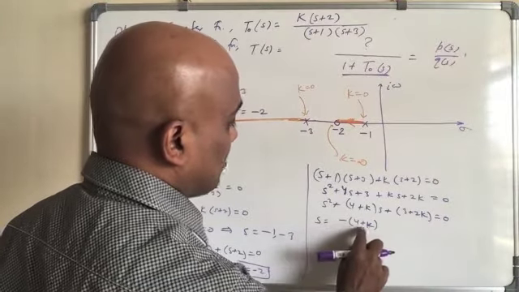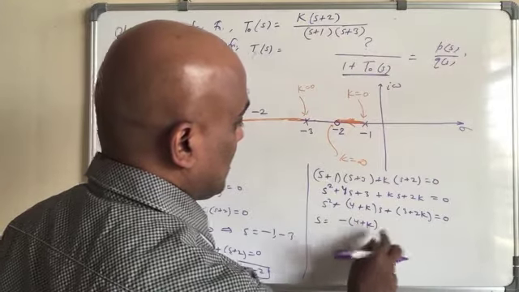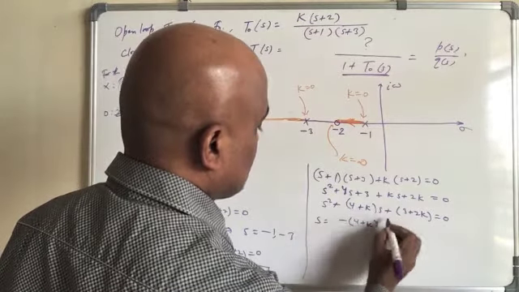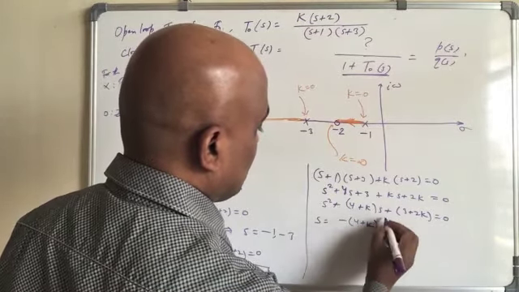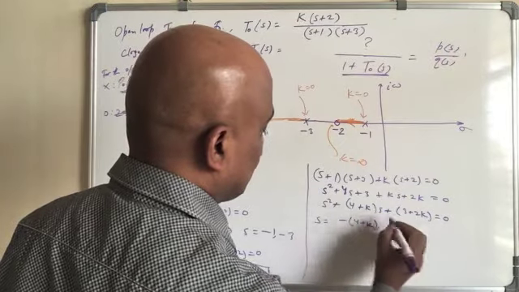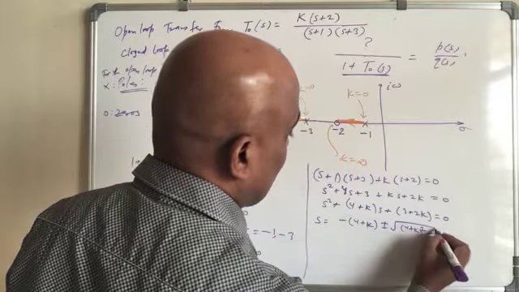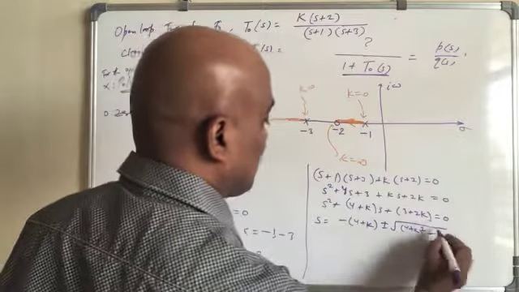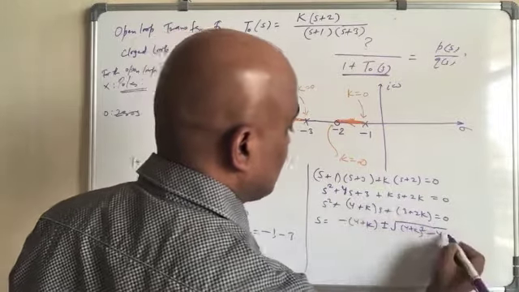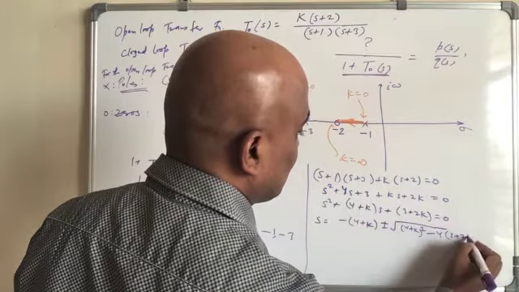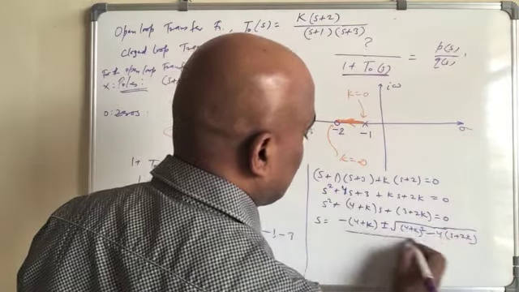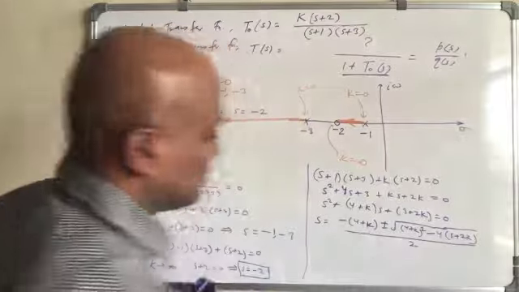S equal to minus b plus minus root b square minus 4ac, so minus 4 plus k, the whole square, minus 4 times 3 plus 2k, all divided by 2.